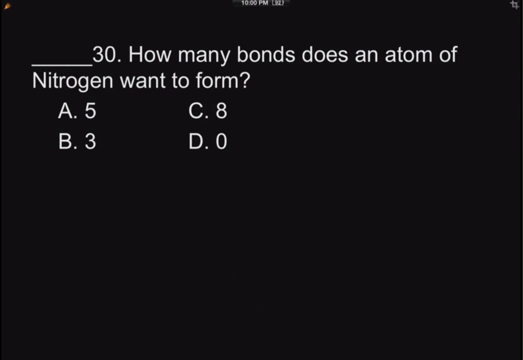How many bonds does an atom of nitrogen want to form? The number of bonds an atom wants to form is related to how many electrons it's either going to gain or lose. So nitrogen is in group 15, which means it has 5 valence electrons. Since it has 5, it's a nonmetal, it wants to gain 3 electrons to get to 8, right?